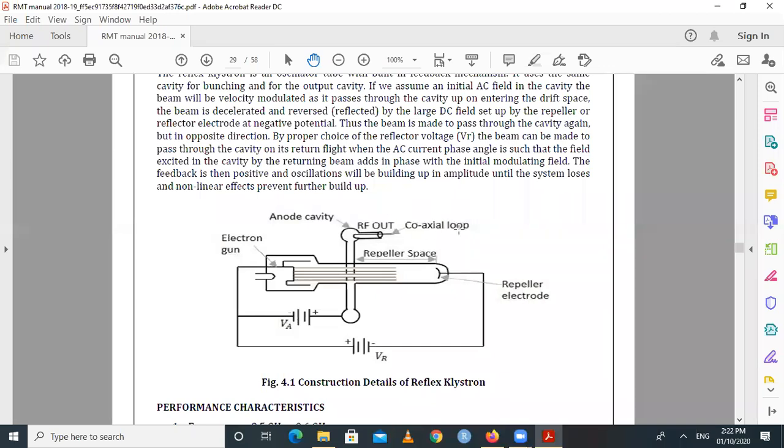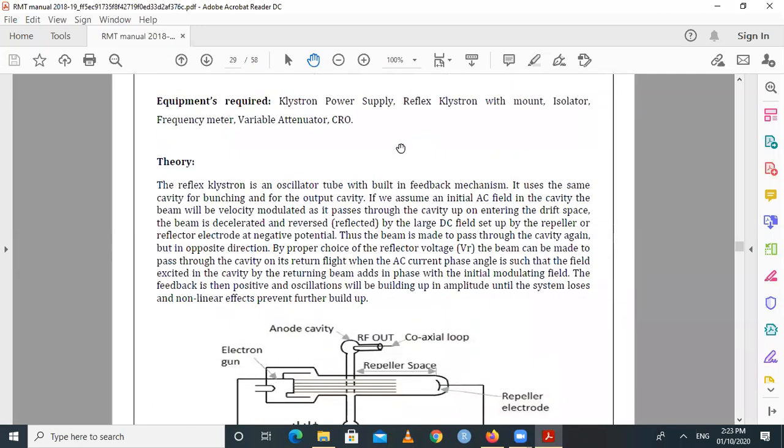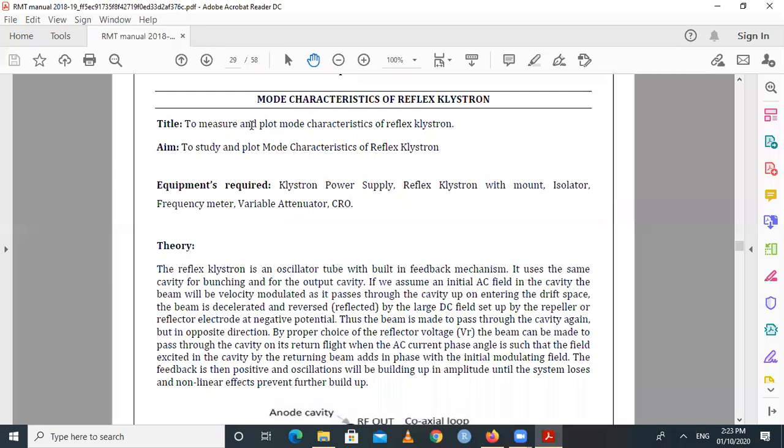For the detailed working of this reflex klystron, you have to study unit number 5. But let us go to this title, where we have to measure as well as plot the characteristics of the reflex klystron.